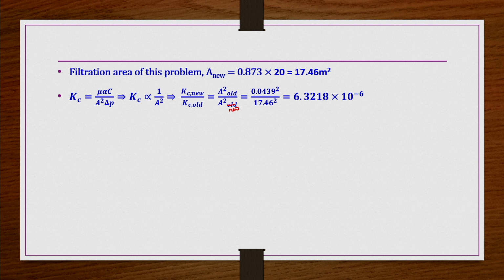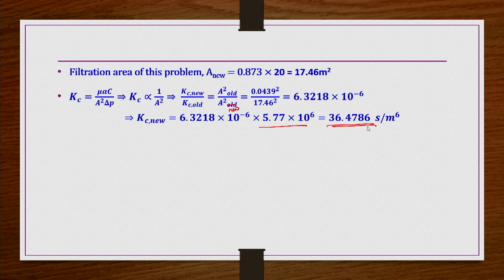When you do it, you will get 6.3218 into 10 power minus 6. If you multiply it by Kc of example 1, the old Kc, that is 5.77 into 10 power 6, then you will get new Kc as 36.4786 second per meter power 6. So much it has decreased. In the previous case, it was of order 10 power 6, now it is of order 10 power 2 only.